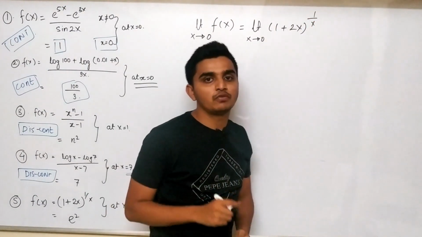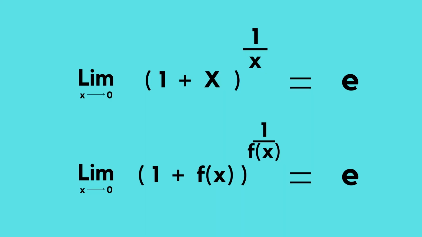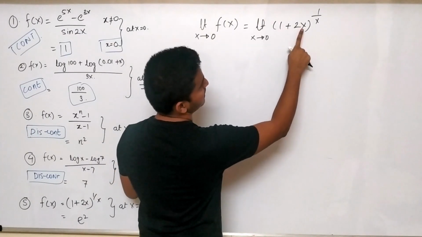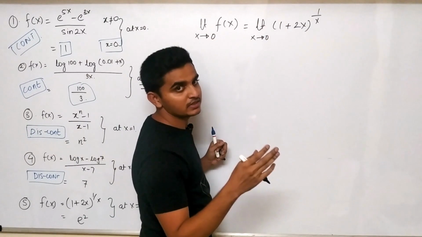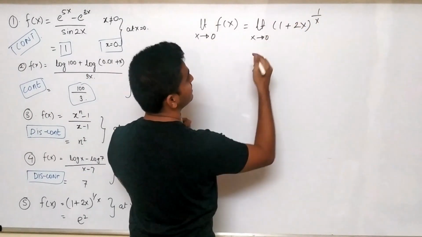Now we need to understand one basic simple formula. We see that this is 1 plus 2x, so the function inside is 2x. So we'll divide by 2 and multiply by 2 in the power.